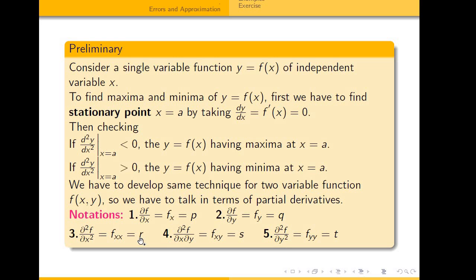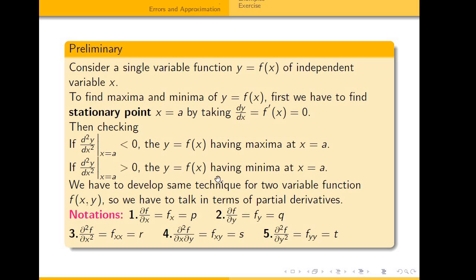If r is less than 0, then surely there exists a maxima at this stationary point. If r is greater than 0, then there exists a minima at x is equal to a.